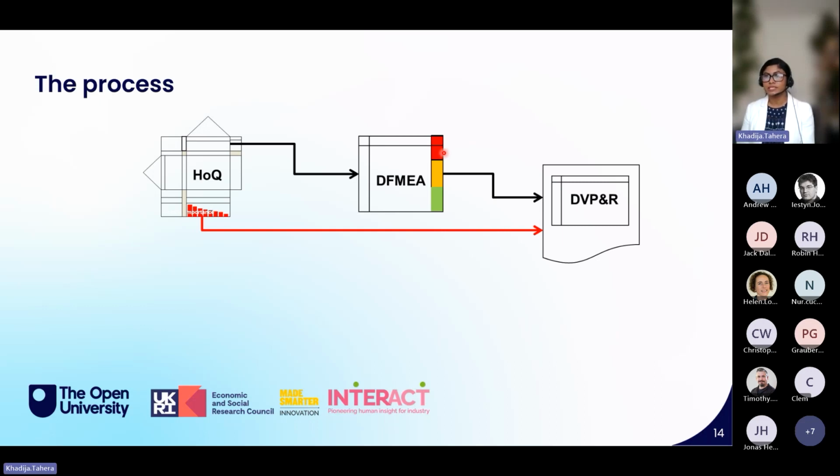We also incorporate the importance of those functional or technical requirements we identified in the QFD. So we take the importance from the customer's point of view of the technical requirements, and we take the risk number, and then we merge them together, not in the DVPNR exactly.